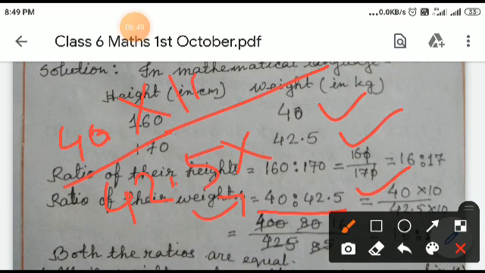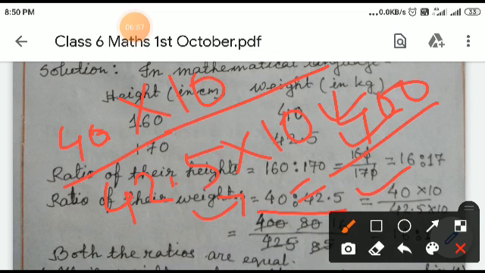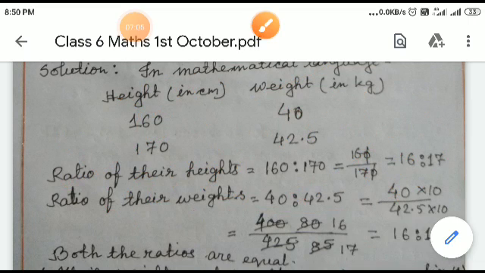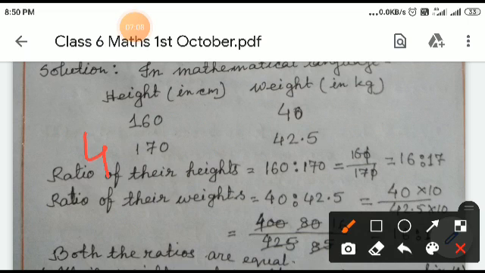Multiplying 40 by 10 and 42.5 by 10, we get 400 and 425, moving the decimal point one place to the right. So we have 400 divided by 425.